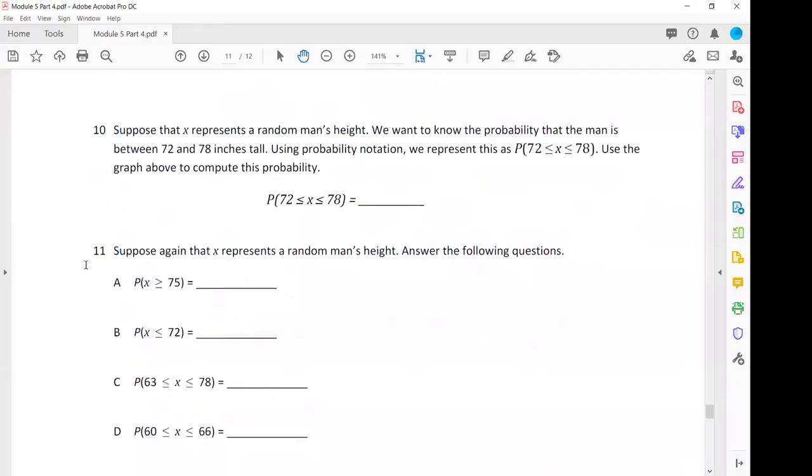Let us take a look at question 11. X is greater than or equal to 75, X is less than 72. We want to find each of these probabilities. X is in between 63 and 78, 60 and 66.